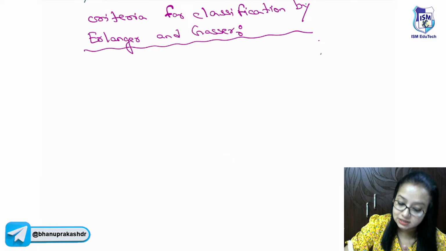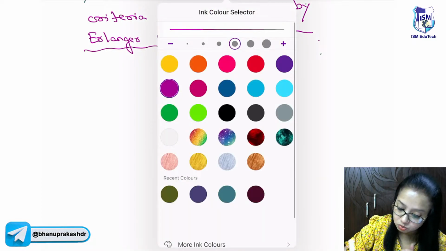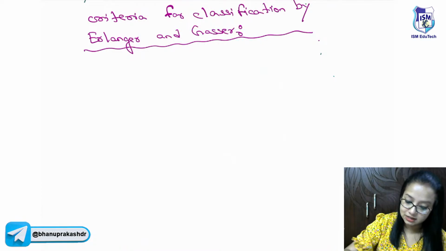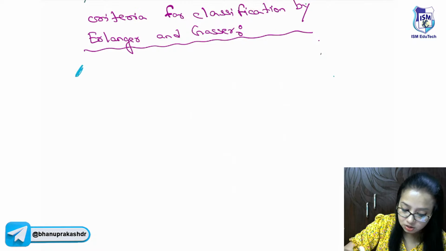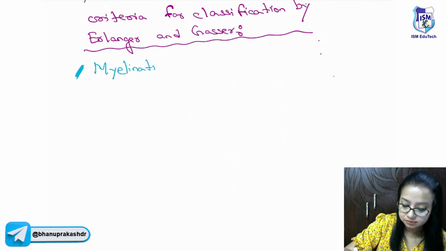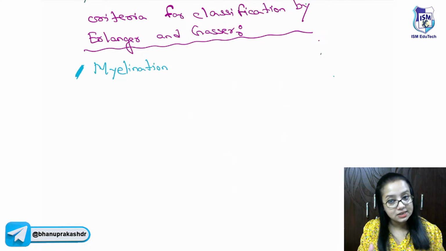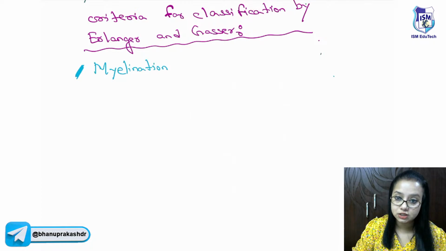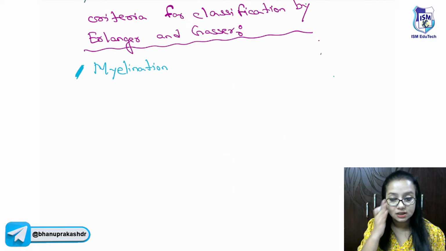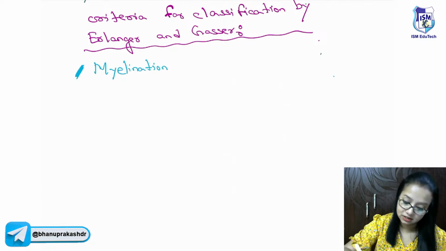Now, what was the classification basis? On what did they classify? The first criterion was myelination, whether the nerve fibers are myelinated, whether they have the myelin sheath wrapped around them or not.